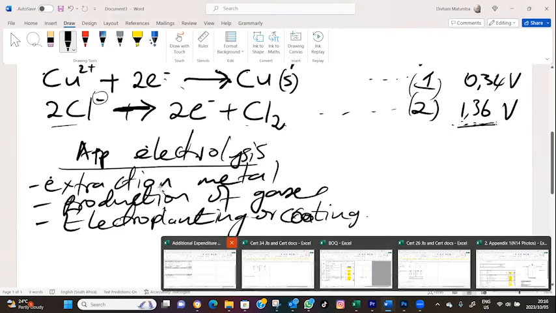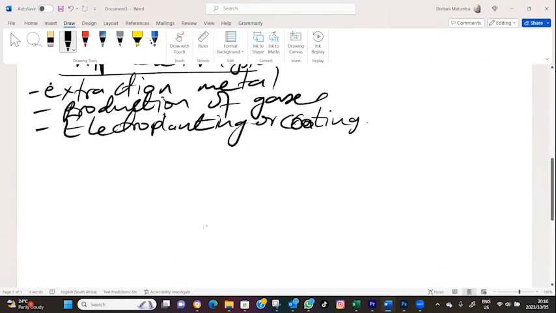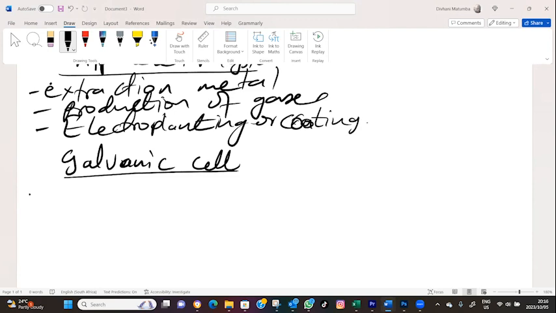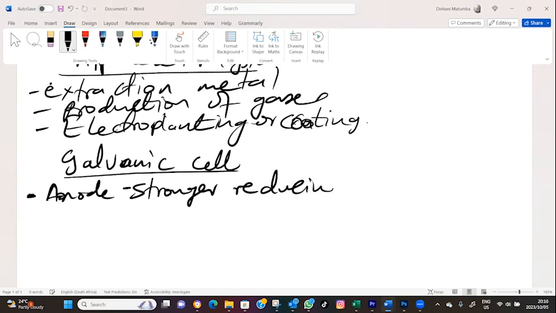Now, what we know about the galvanic cell is that at the anode is a stronger reducing agent. Okay.